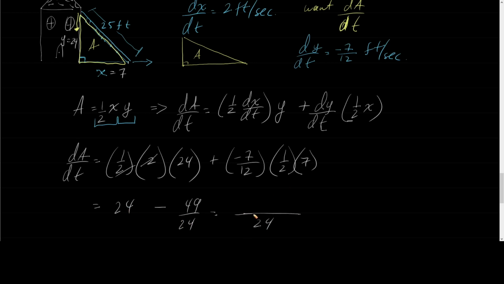So on the numerator I'm going to have 24 squared, which is 576. So 576 minus 49, which is 527. So I end up with 527 over 24. And the units here are feet squared per minute, because it's the rate of change of an area.